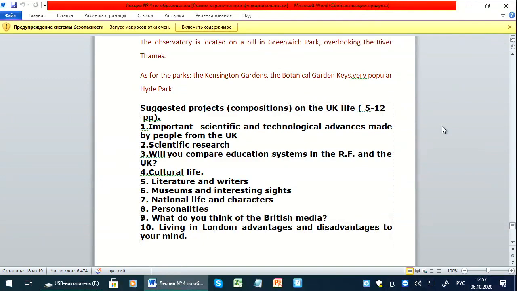But I suggest you write about Britain just after the end of the lectures devoted to Britain and the UK, while you remember something after listening and reading about the UK, about Britain.